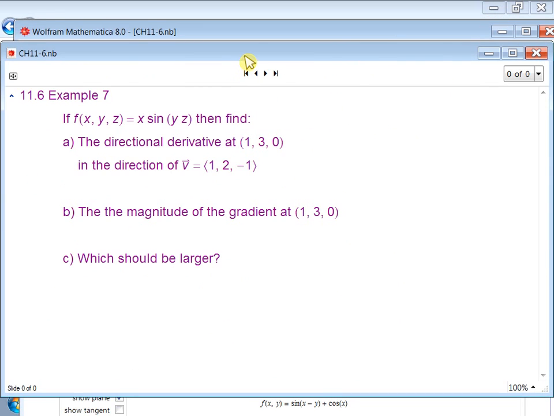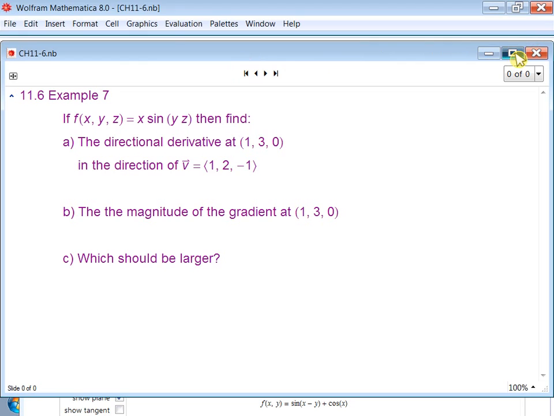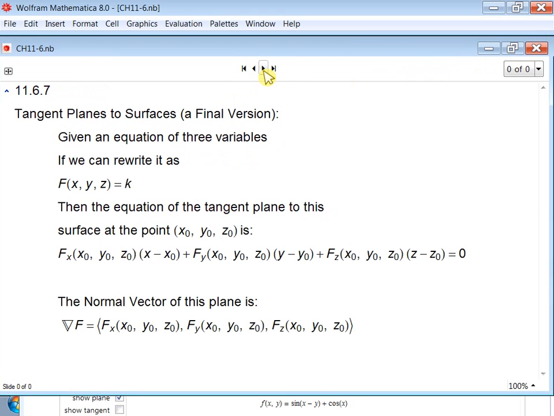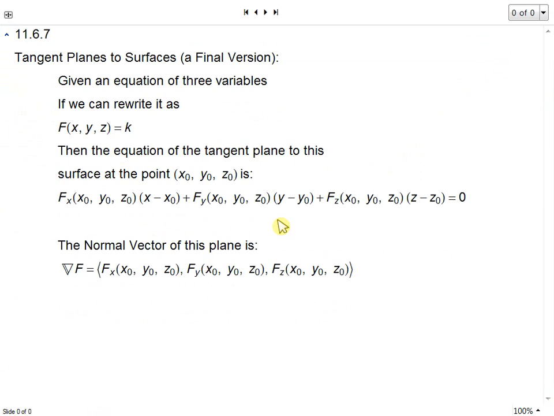Let's see here. What else do we got here? All right. Now, we had talked about tangent planes before, and we have now a final version of an equation for a tangent plane. So if you have an equation, well, let me go back.